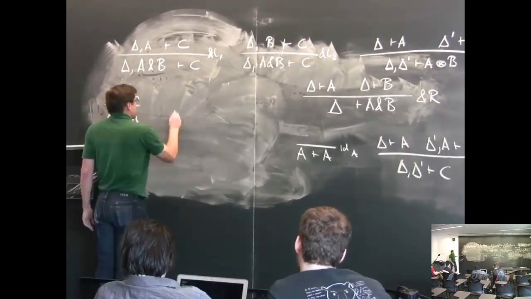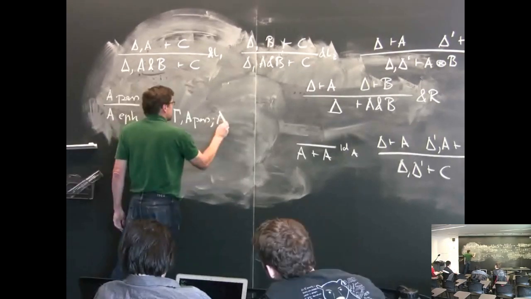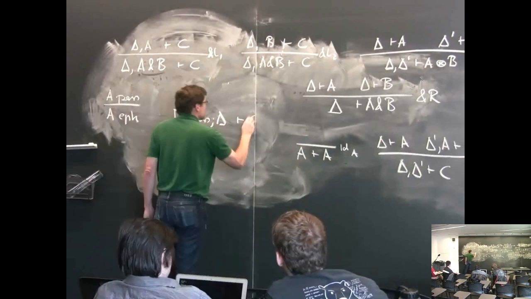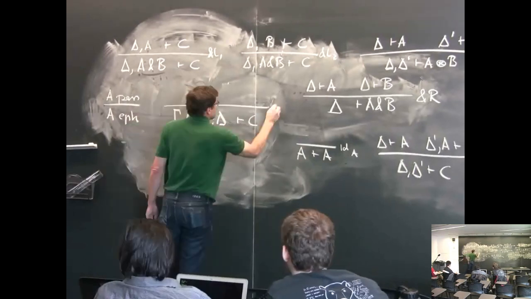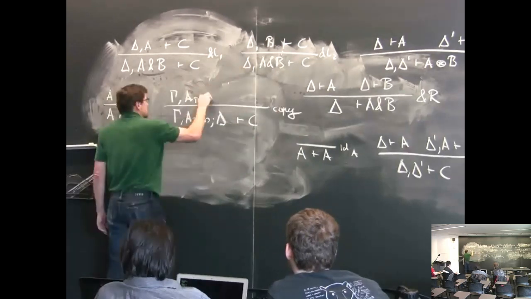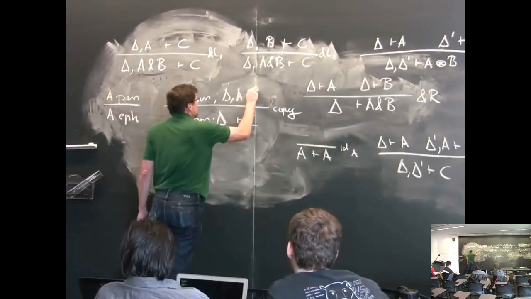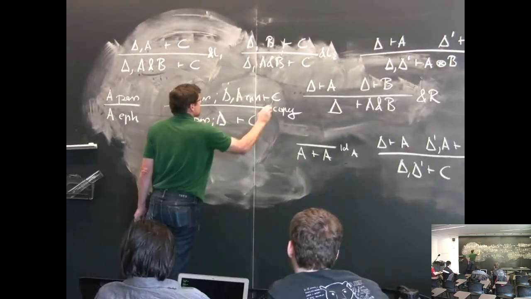Now we're doing the same thing. If I have gamma, and one of the things in it is a persistent copy of A, and I have delta and I'm trying to prove C, then with the rule we'll call copy, I keep A persistent in here, add an ephemeral copy of A here, and still try to prove C.